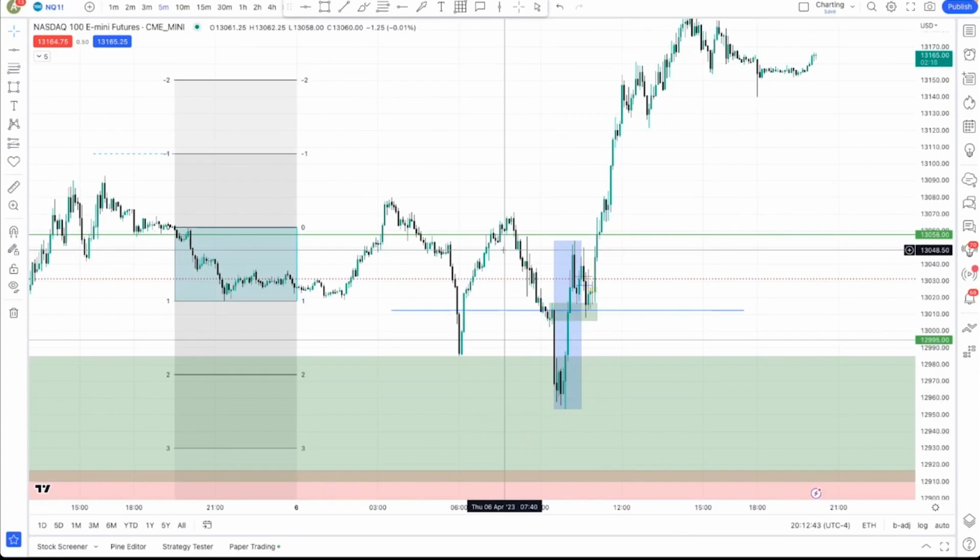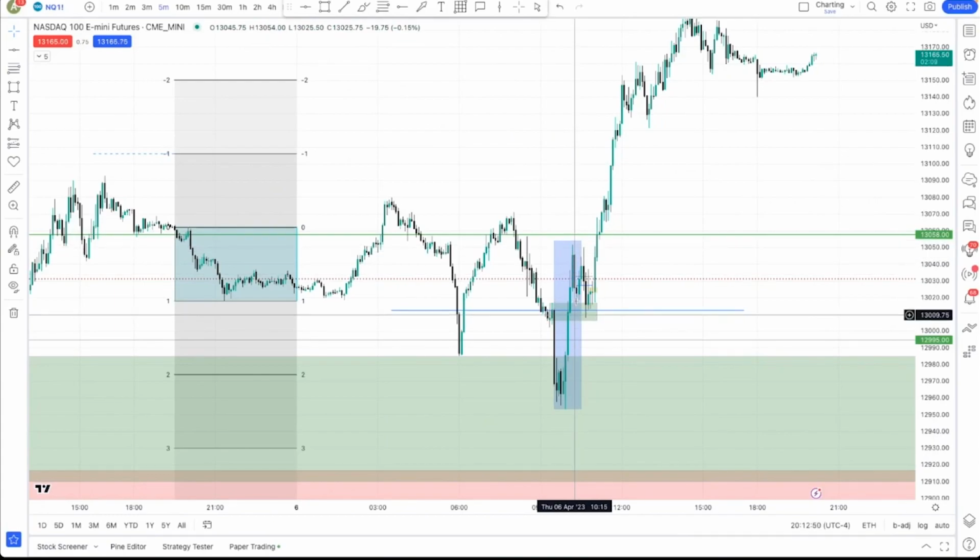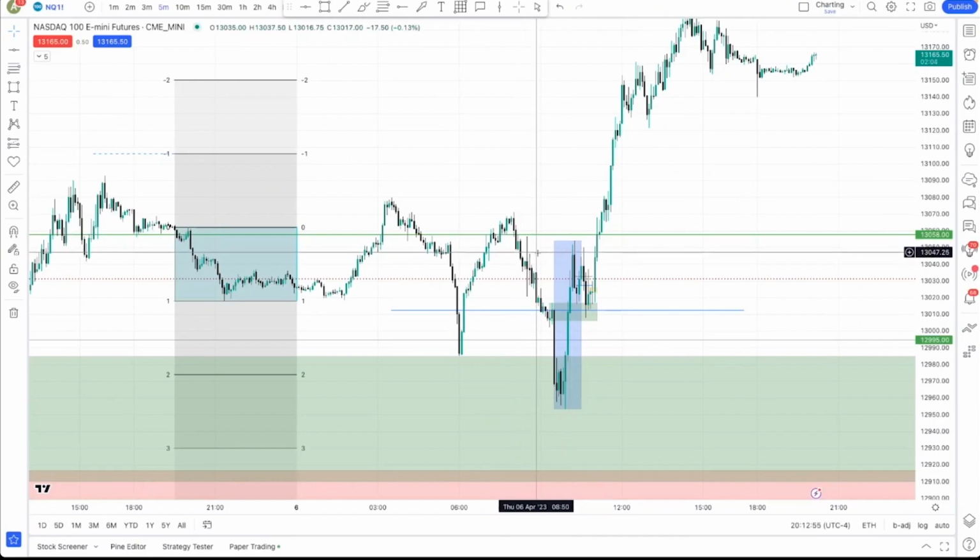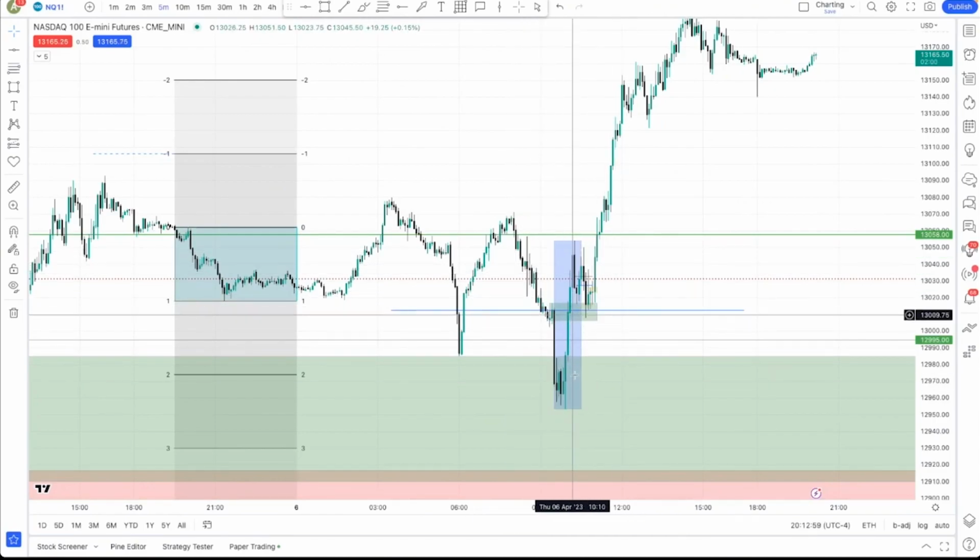Okay. Look at what they do with price the first go around. They come up in here and it rejects. It gives the illusion that, oh yeah, price is still going to keep going short. But you have to look at everything all together.